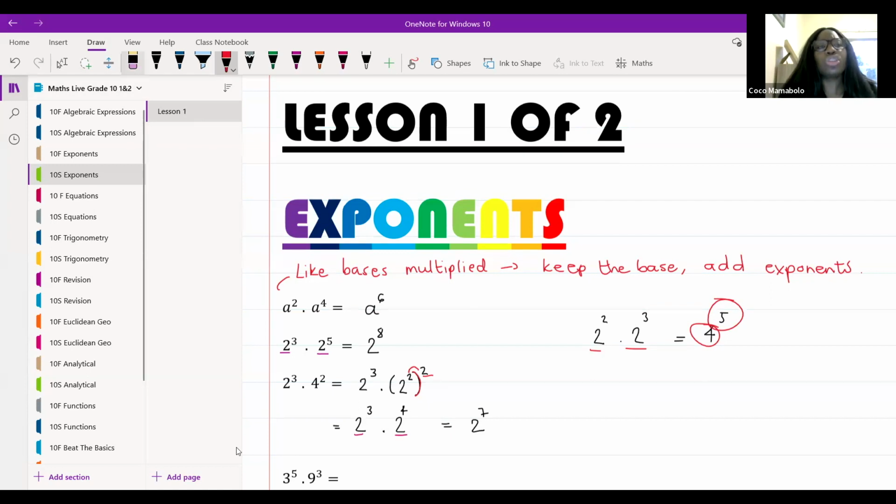It's not. So when ma'am says keep the base, I want you to dream about it, Narisha, because if you don't remember, then you're going to keep making the same mistake. I've got grade 9s and grade 10s in my class telling me that 2 to the power of 4 divided by 2 to the power of 2 is equal to 1 to the power of 2.